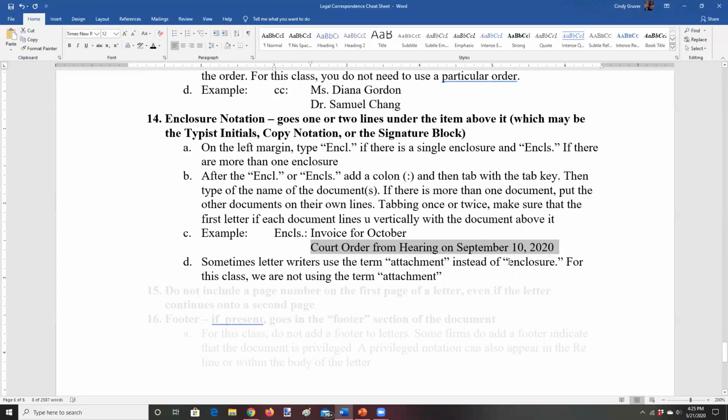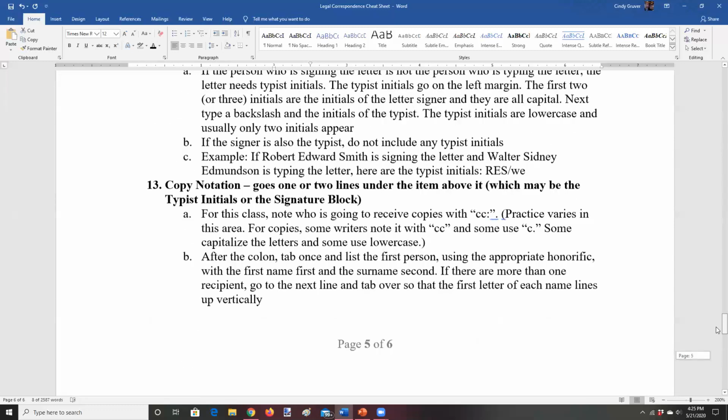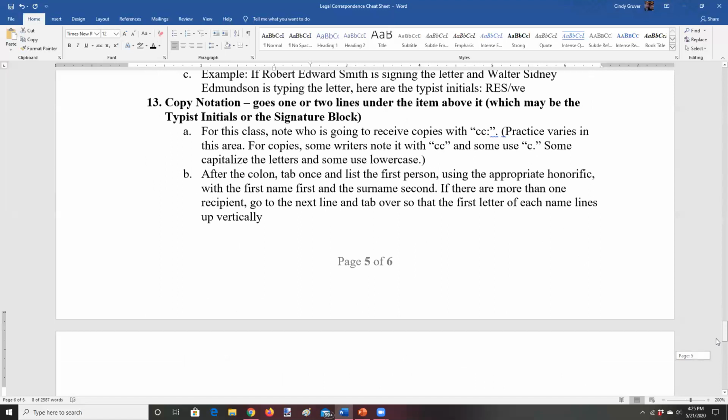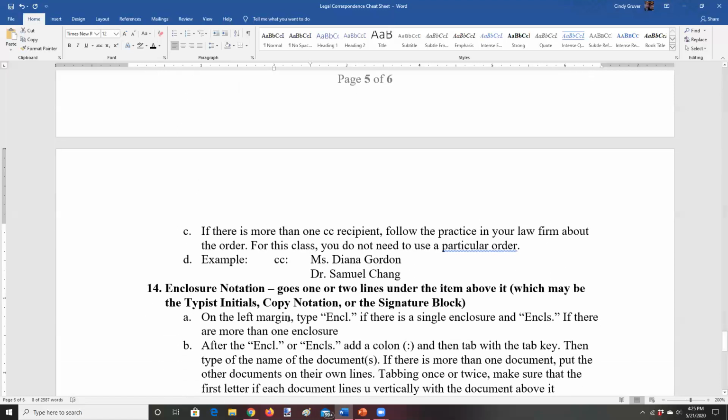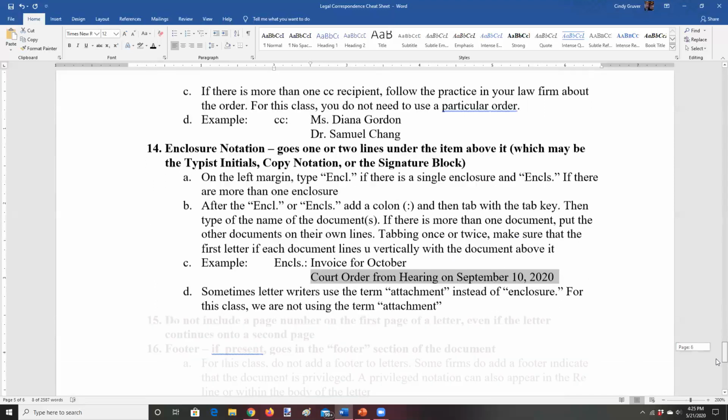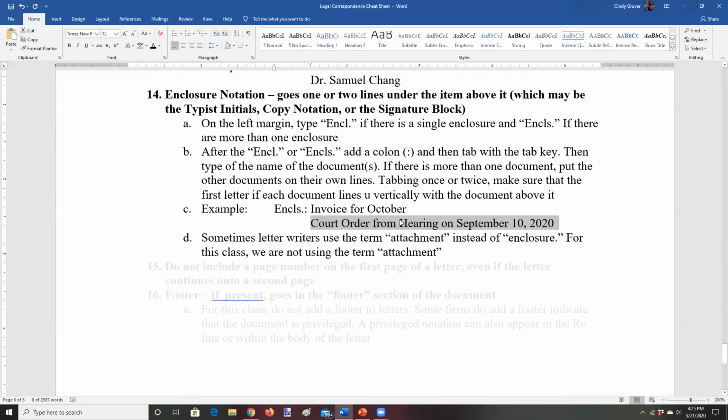And you can see this name of this document is taking up a fair amount of space. You kind of want to keep components in 12, 13, and 14 close to the left margin here. You don't want them extending across the page. And so kind of pick relatively short descriptions for the names.